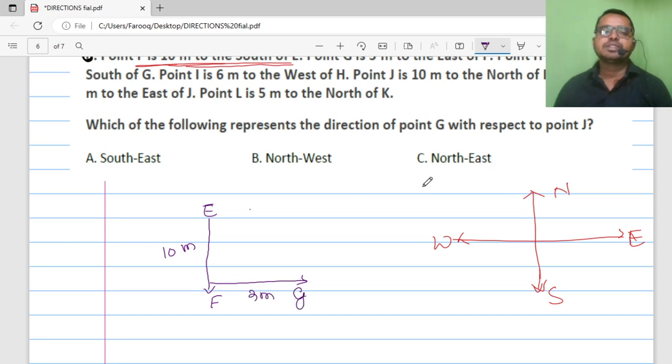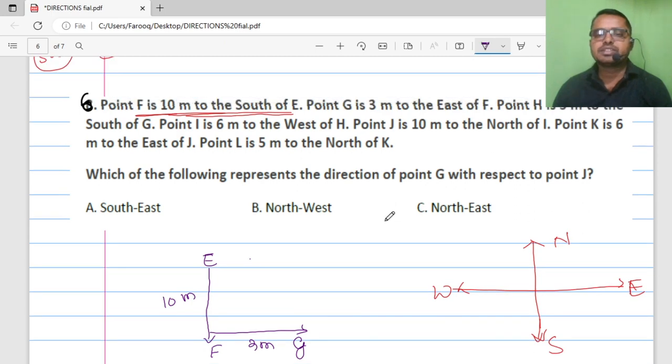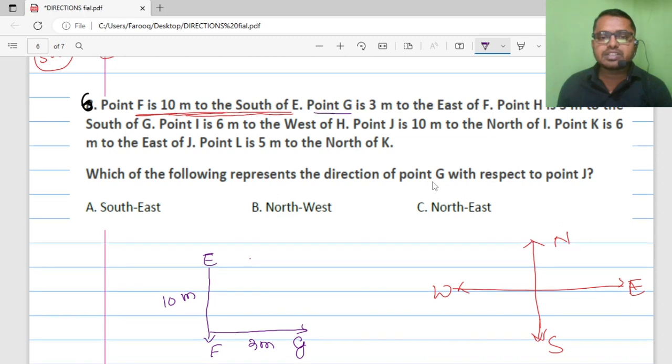After that, to the east of F. Point H is 5 meter. Point G is 3 meter to the east of F. Yes.